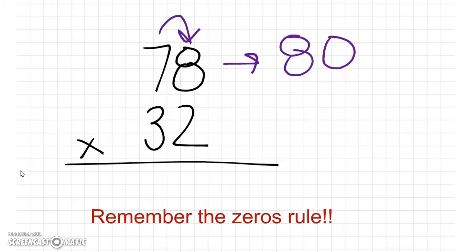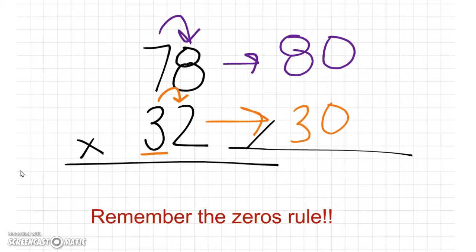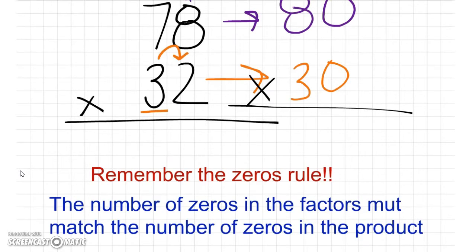And then 32, we're rounding to the nearest tens place. We look at the neighbor 2. We know that 2 is less than 5, so we're rounding down to 30. Keep in mind, always remember, 32 is in between 30 and 40. So now we have 80 times 30 to solve. That's much easier, especially if we remember the zeros rule.